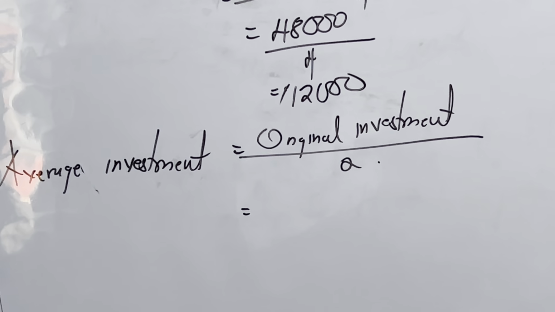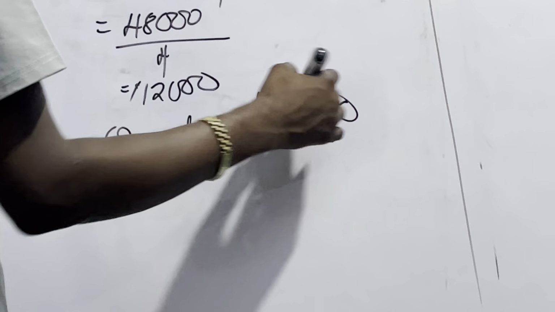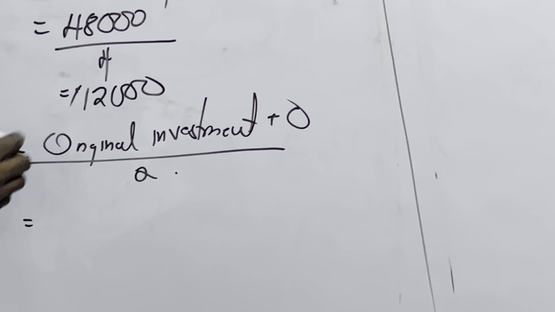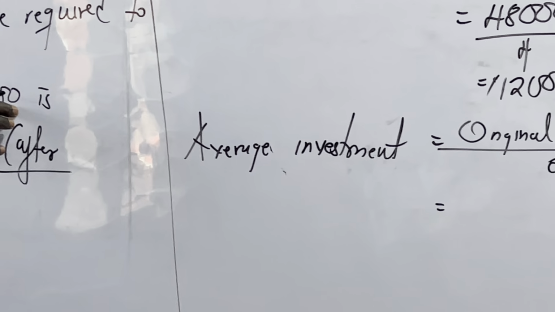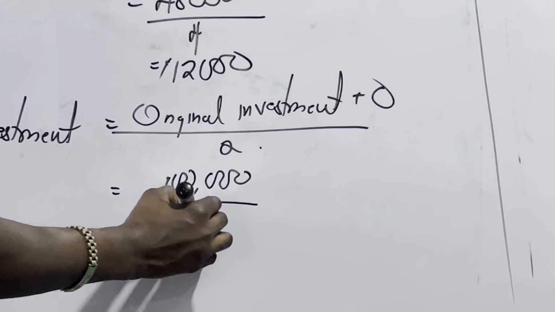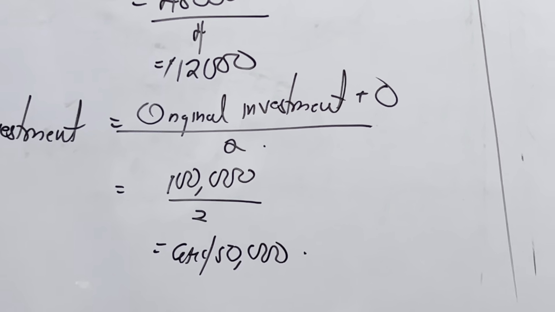Divided by what? 2. Okay, why are we dividing by 2? We assume that the scrap value is 0, so 2 items, 1, 2. That is it. So our original investment here is 100,000 Ghana cedis, divided by 2, and that will give us 50,000.